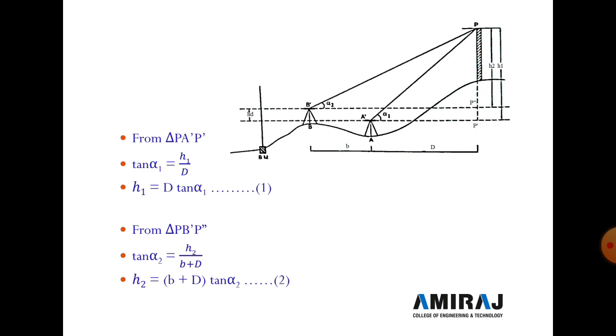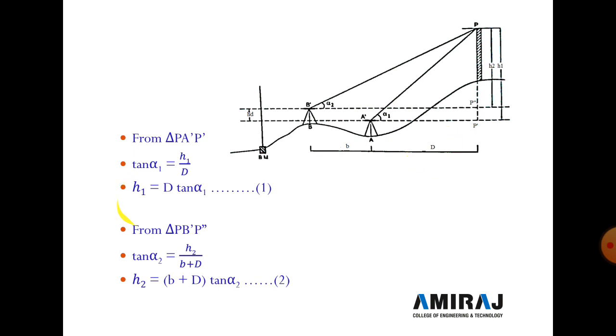Now we apply the triangulation formula. In the triangulation formula, tan alpha 1 is equal to h by d. So for instrument station 1 we take alpha 1 and h1, so tan alpha 1 is h1 divided by d.